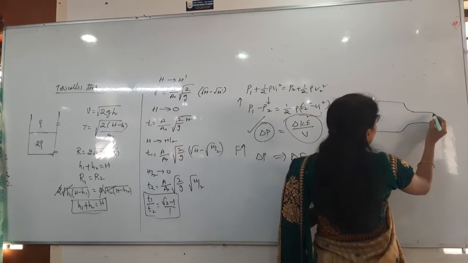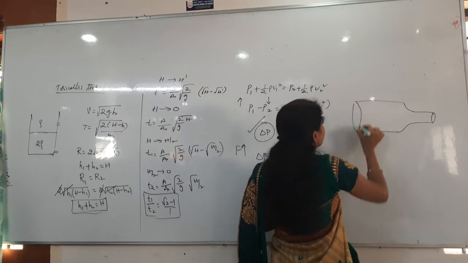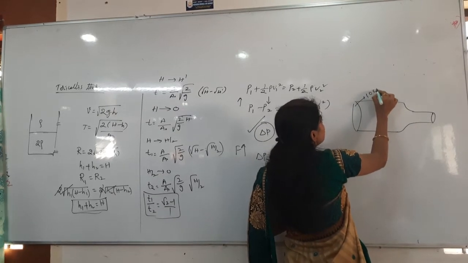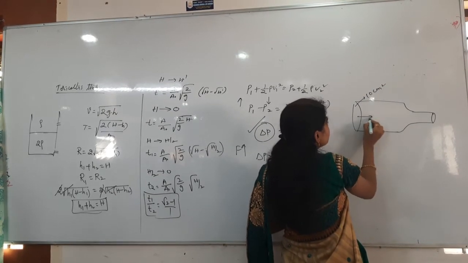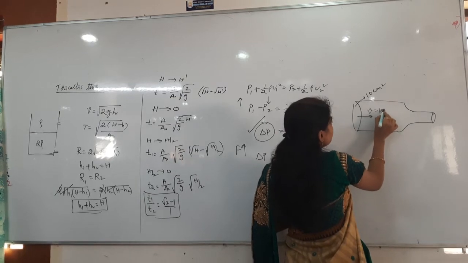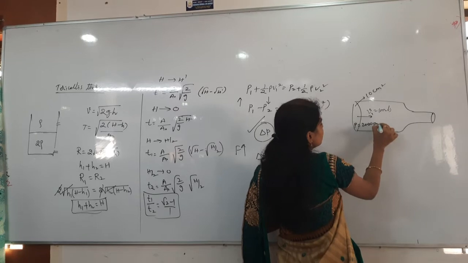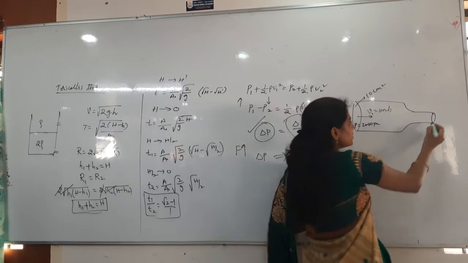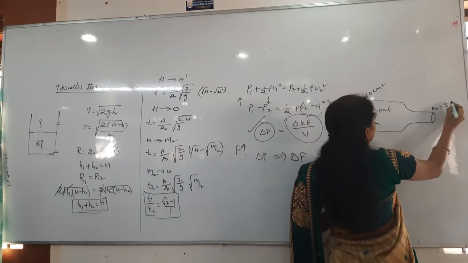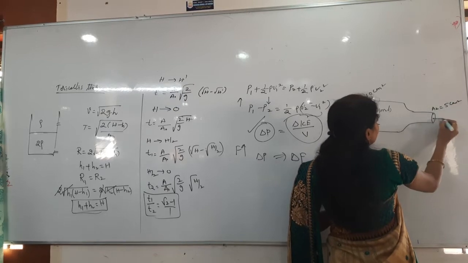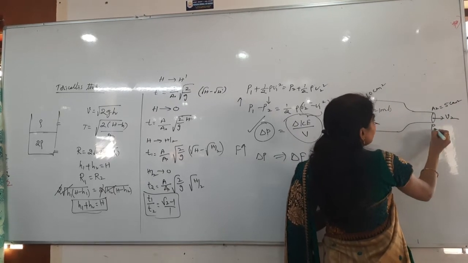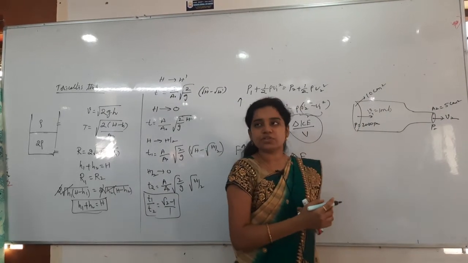Like this, a pipe is there. Whenever the area is 10 centimeter square, at that time velocity is 1 meter per second, and the pressure is 2000 Pascal. Now the second area, A2, is 5 centimeter square. You have to find out V2 as well as pressure P2. That is what the question is.